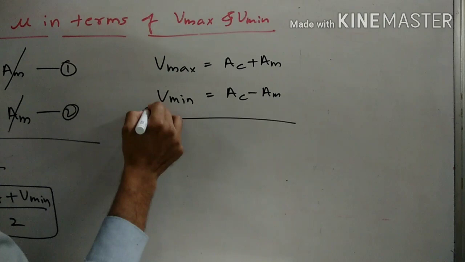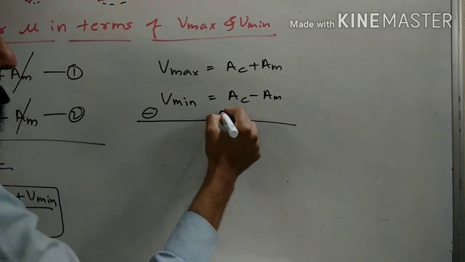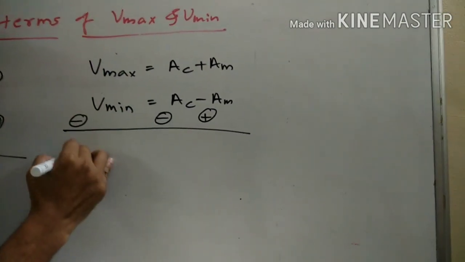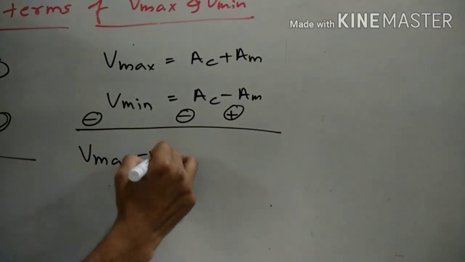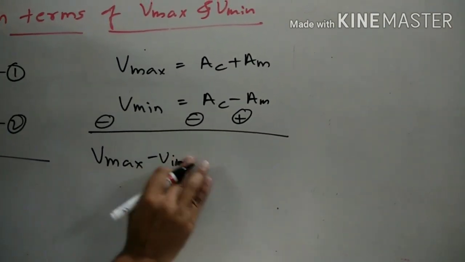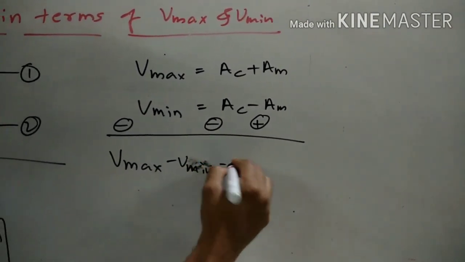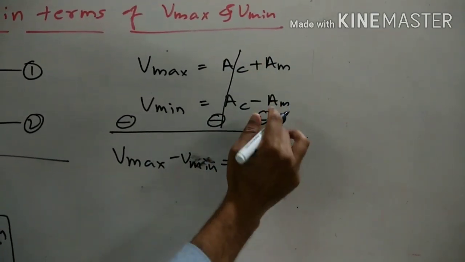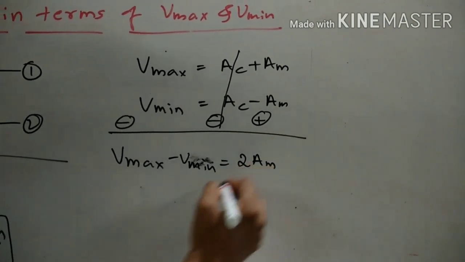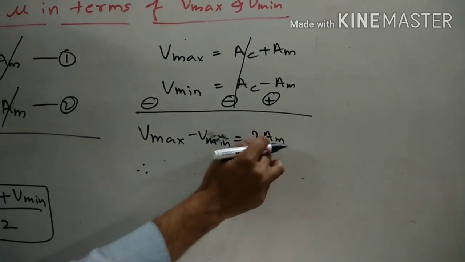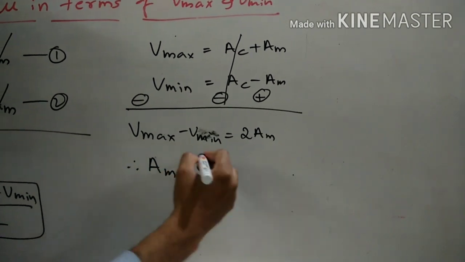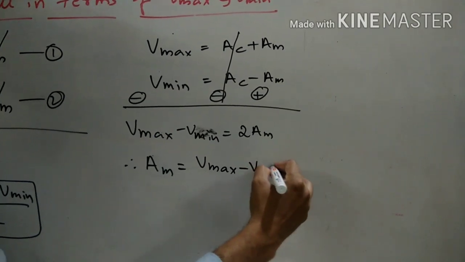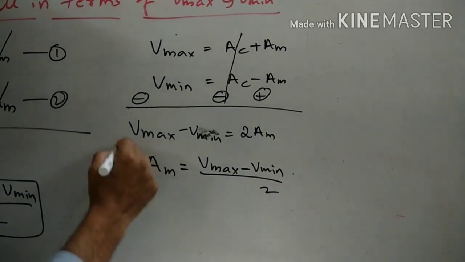Now let us subtract them. V maximum minus V minimum is equal to, AC will go, AM plus AM, so it will be 2 AM. Therefore AM is equal to V maximum minus V minimum divided by 2.